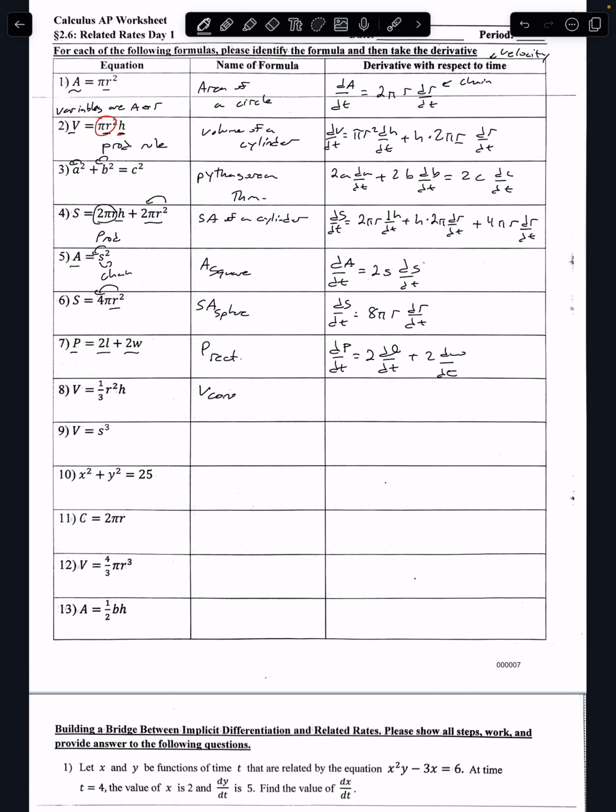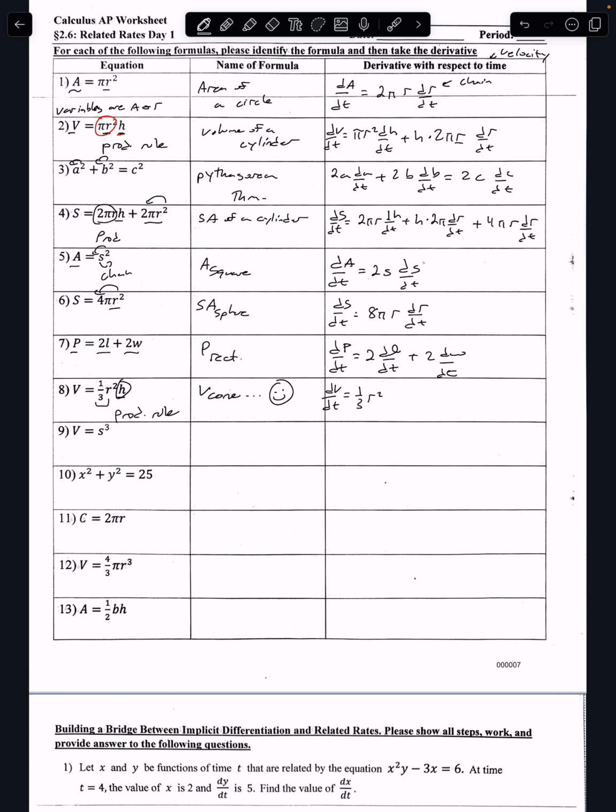Volume of a cone. We're gonna learn to love this one, but we actually make it a lot easier for us in the future. Be careful. Notice we have a product rule here. Again, anytime we multiply two different variables together, it's a product rule. So dV dt becomes, ready, the first, I'm going to treat this as a 1/3 r squared.